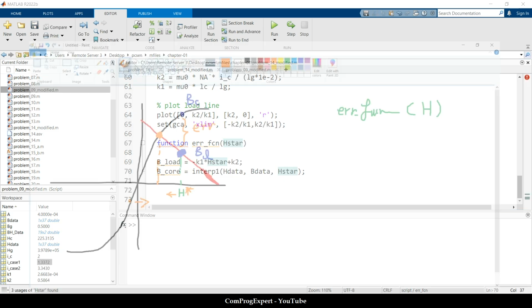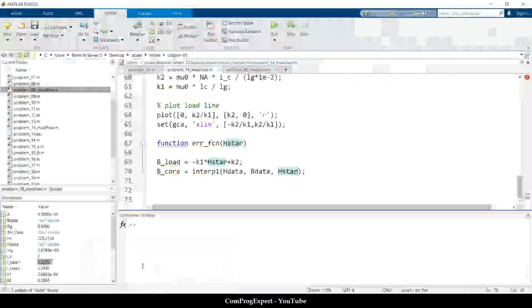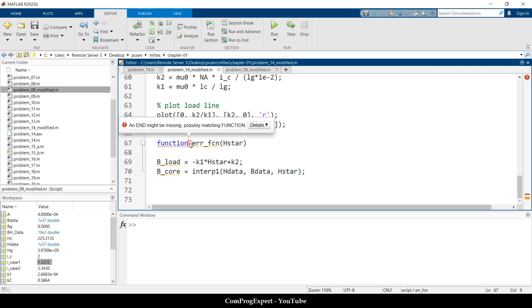Okay, so we specify the H star value and interpolate B core. This is B load. Okay, and finally we can define the error. Error is equal to B core minus B load.